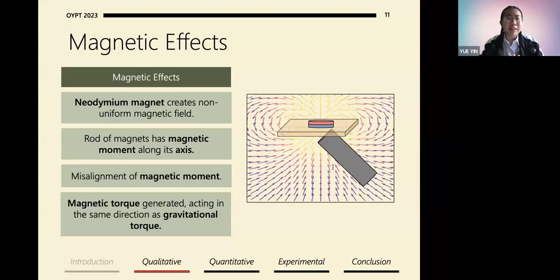Okay, so one of the key differences, other than the fact that it's upside down, between the eyeless pendulum and the eyeless disc is there's a magnet. So what does the magnet do? Well, the supporting magnet, which is this neodymium button magnet, creates a non-uniform magnetic field. It looks something like this. And the rod is axially magnetized, so there is a misalignment of the magnetic moment with external fields.